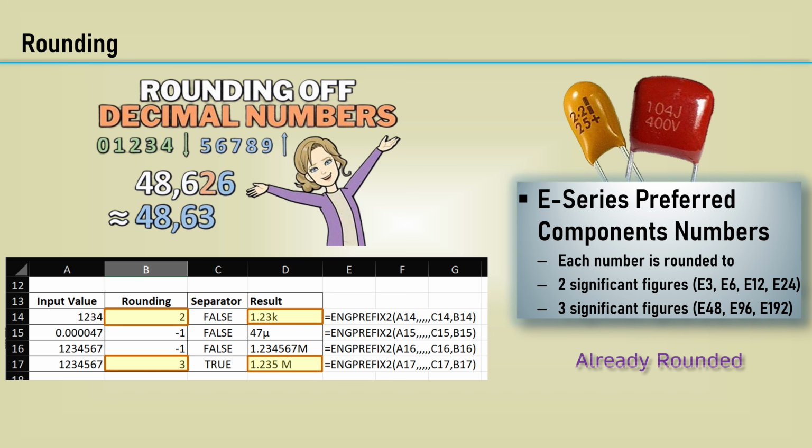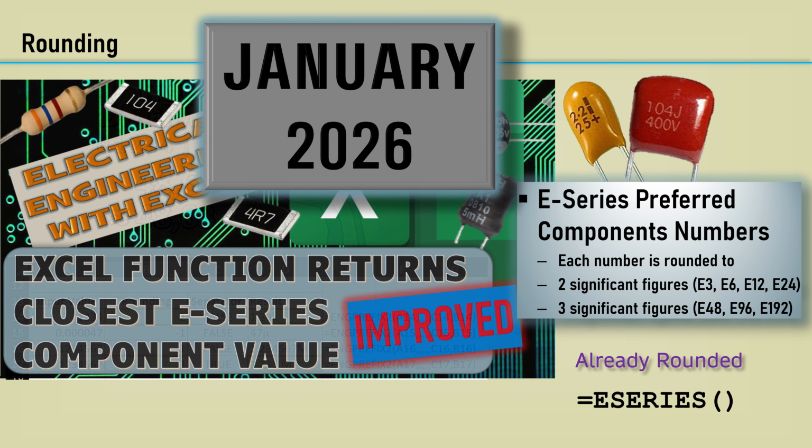In January of 2026, I posted a video of my latest update to a function that returns the closest E-series value of a given input. For schematic component values, the round function would never be required when the input value is an E-series component value. It's already rounded.